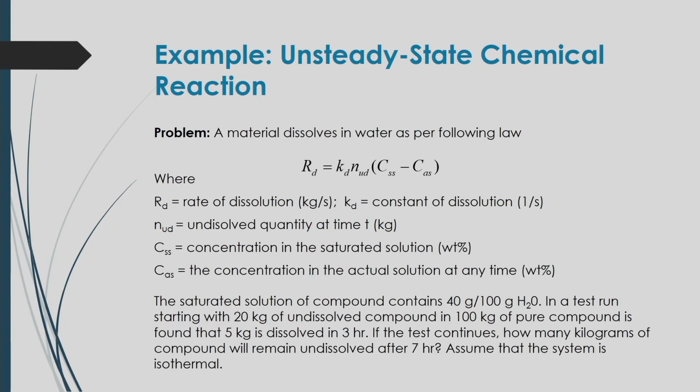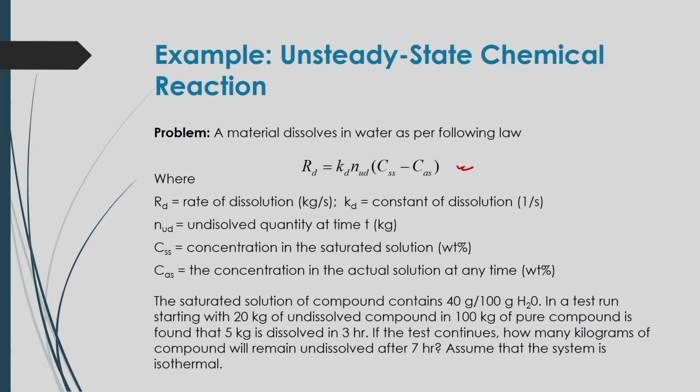In this case a material dissolves in water as per the following law, that is Rd is equal to Kd NUD into CSS minus CAS, where Rd is called rate of dissolution, Kd is the constant of dissolution, NUD is the undissolved quantity at time t, CSS is the concentration in the standard solution, and CAS is the concentration in the actual solution at any time t.